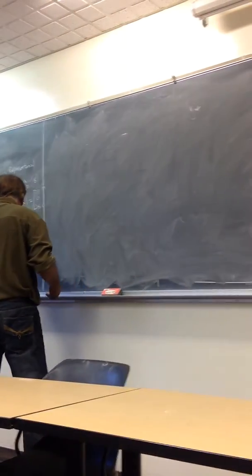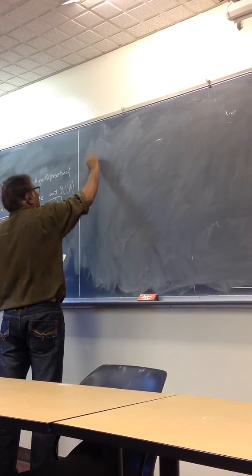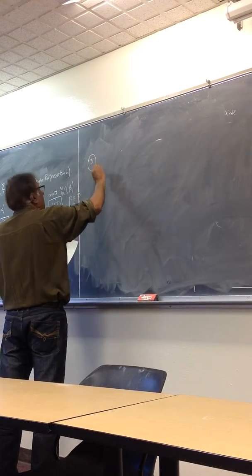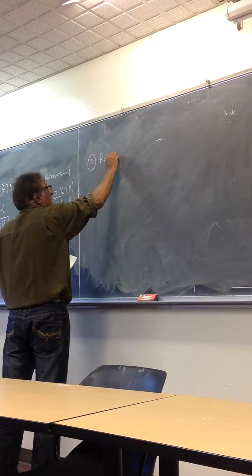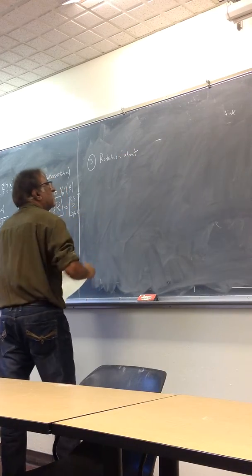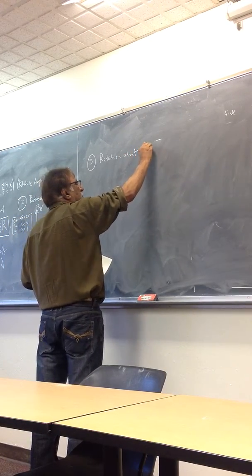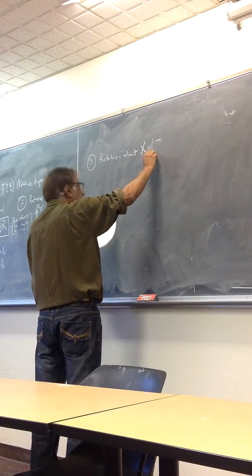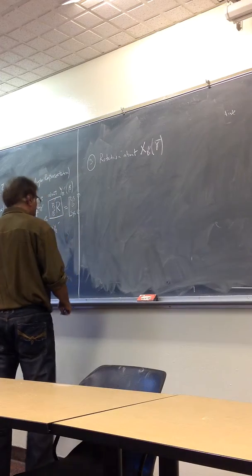Okay, so what's the last step? This would be rotation about xb double prime by an amount, let's say gamma. Right?